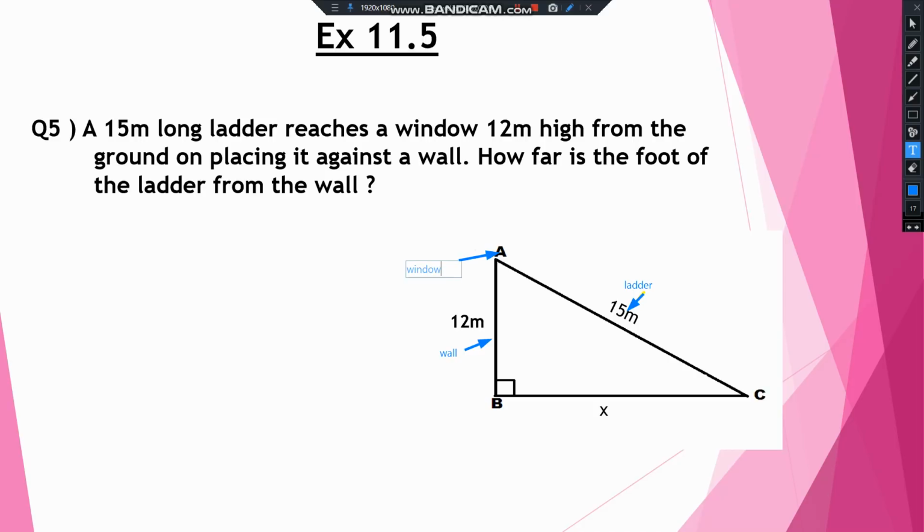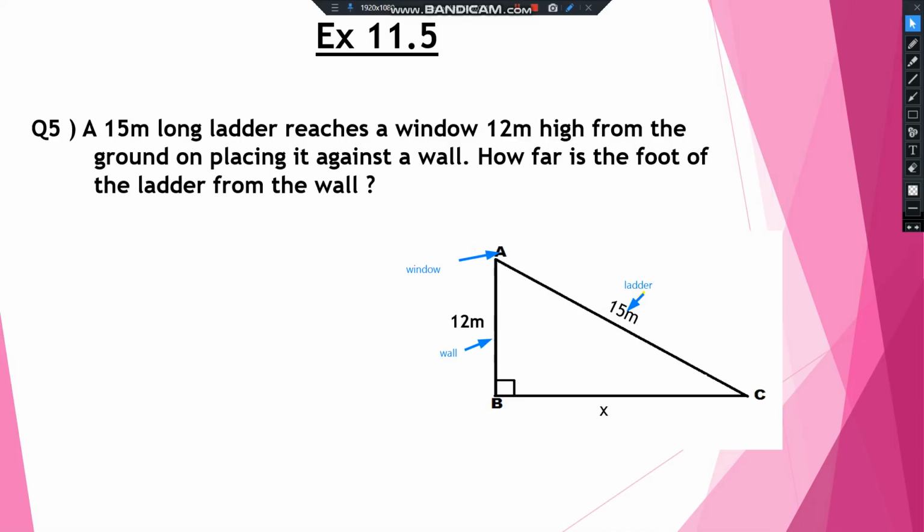So I hope it is clear now. The ladder is reaching a window on a wall which is 12-meter high, and the length of the ladder is 15 meter. So this is actually application of Pythagoras theorem in real life situation. Now let's see how to proceed.